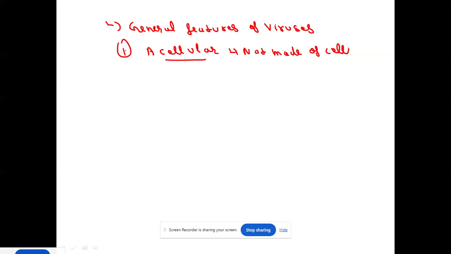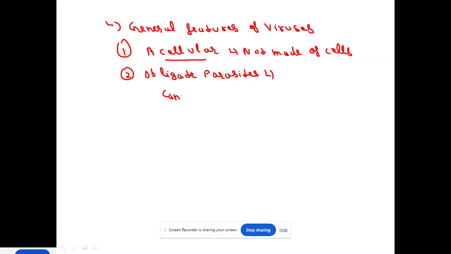Next, they are obligate parasites. Obligate parasites means they cannot survive or reproduce without a host. As I already told you, they survive inside the host only.